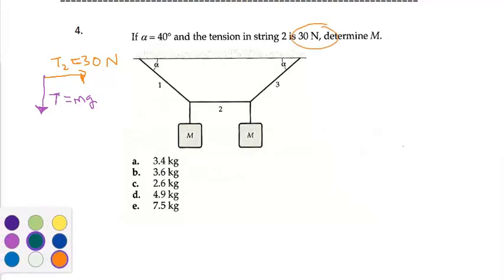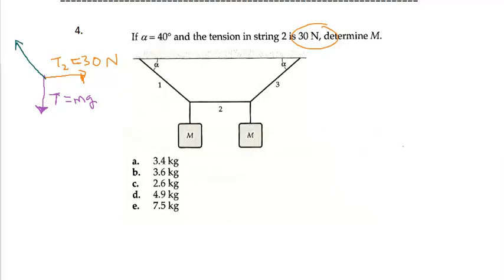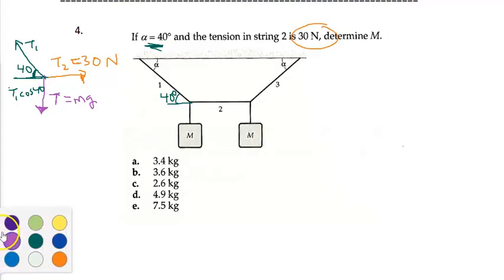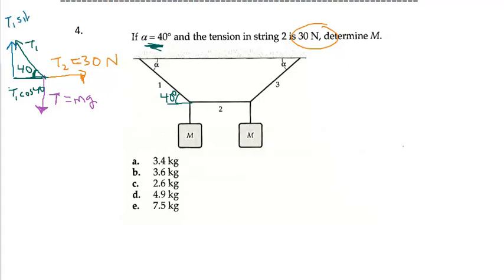And then we have a crooked vector T1, and alpha is 40 degrees. And so by alternate interior angles, that is 40. So that 40 degrees is making contact with this leg. So that's T1 cos 40. And this vertical is T1 sine 40.